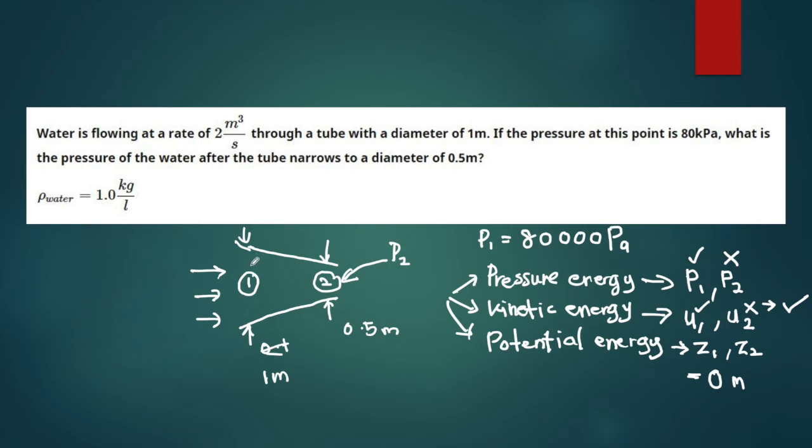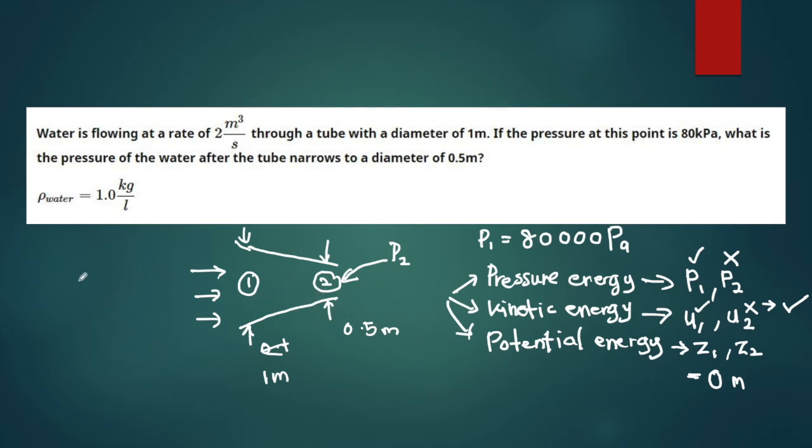So you are forbidden to conclude, okay? You cannot conclude that velocity at point 2 is the same as velocity at point 1, because when we have a change of area, the velocity at these 2 points will be different.